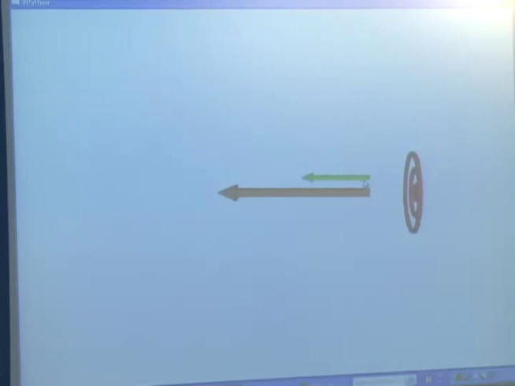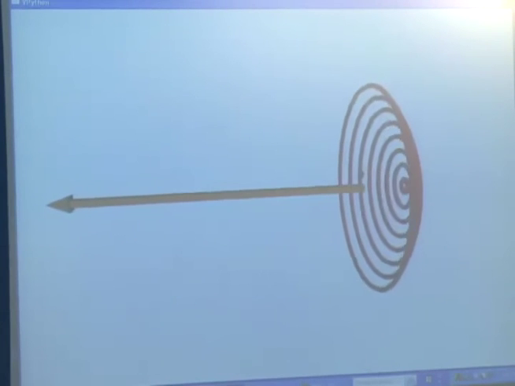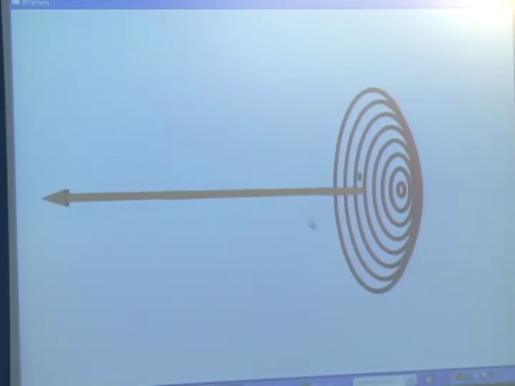The next delta E, and so the green arrow is the delta E, the orange arrow is the running total of the electric field, adding up all the delta E's. And so we get a larger and larger electric field until we get to a point where we're right on the axis, or right on where our observation location is, right in the center of the ring. That delta E gives us approximately 0.